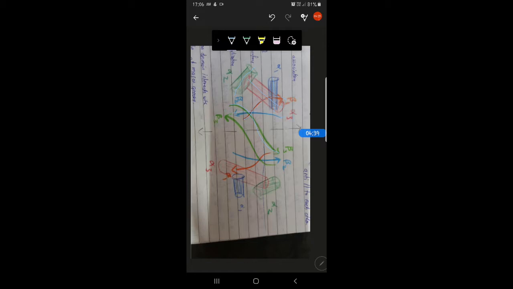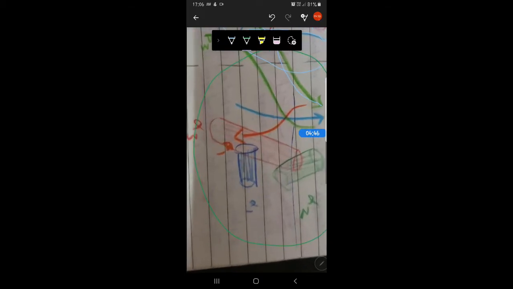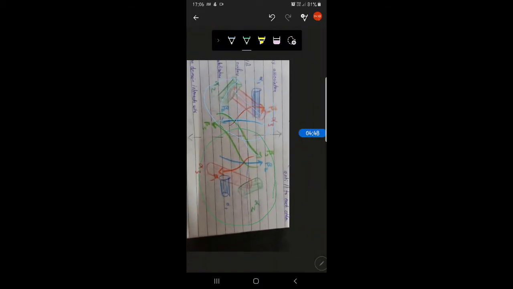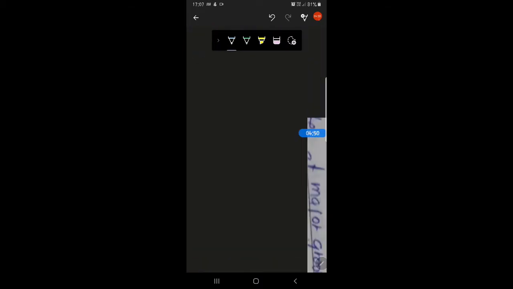So this is one monomer and this is another monomer with alpha and beta chains. Now we will see what the role of motifs is, what motifs do in our genome.